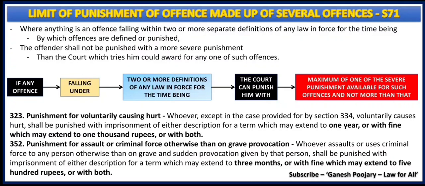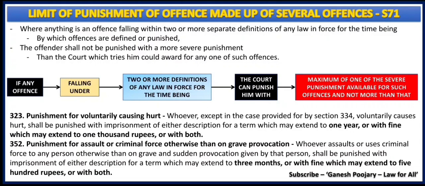Now here, as the offense is only one and it can be seen under two different offenses of IPC, the court has the discretion to decide where to put that offense and give punishment.